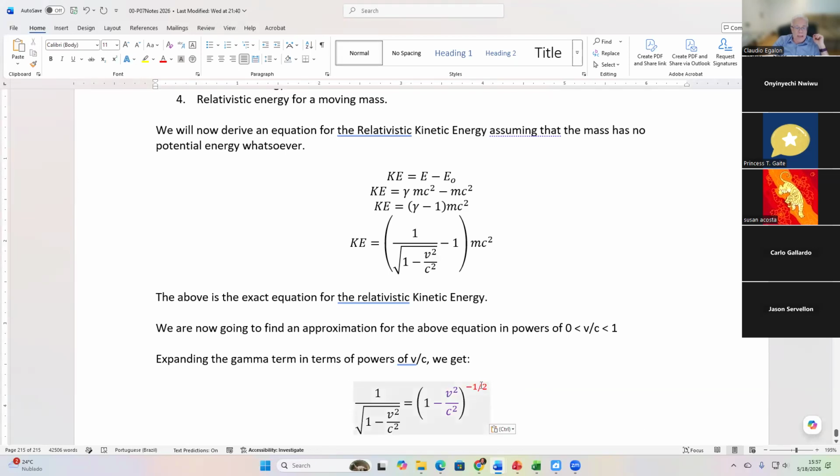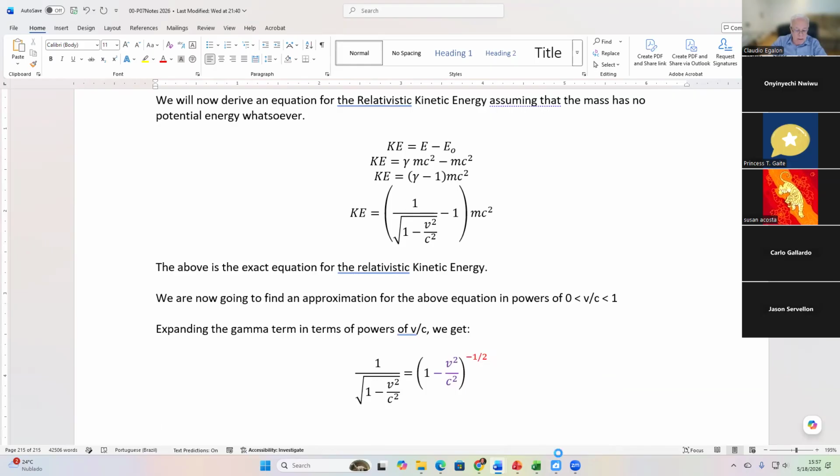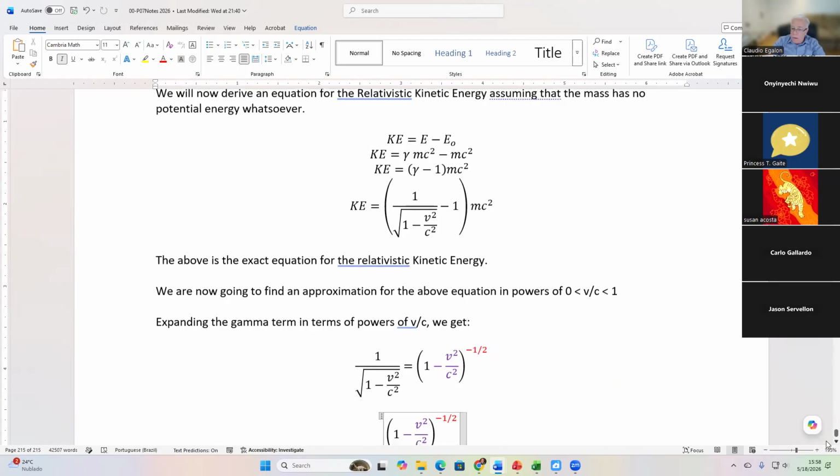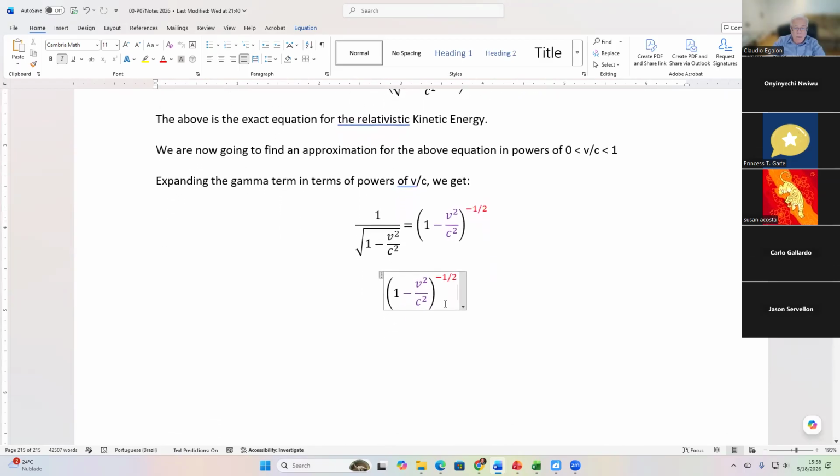When we do that, we're going to get an interesting result as well. Here you go. We're expanding in powers of v over c. You get something like that.